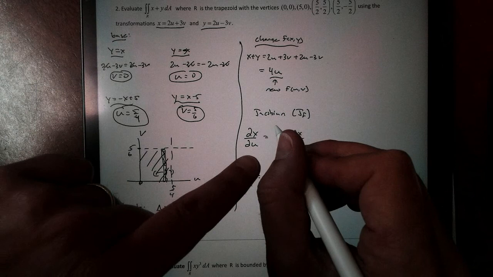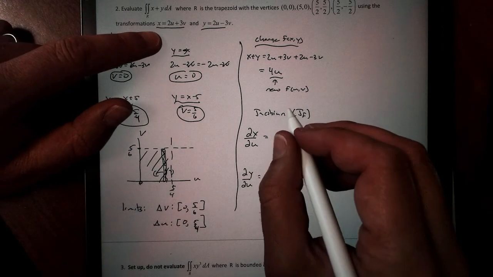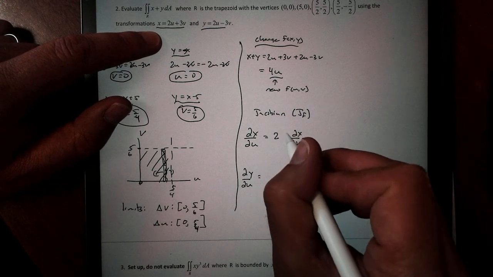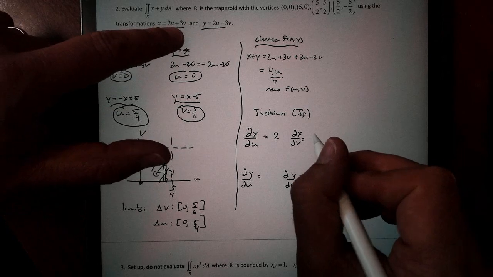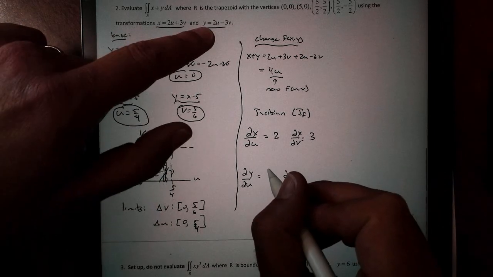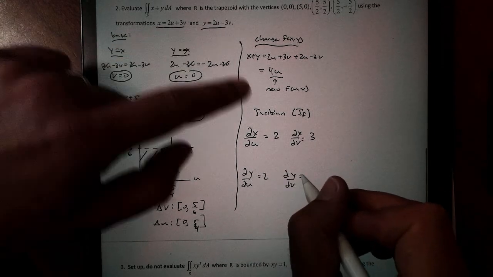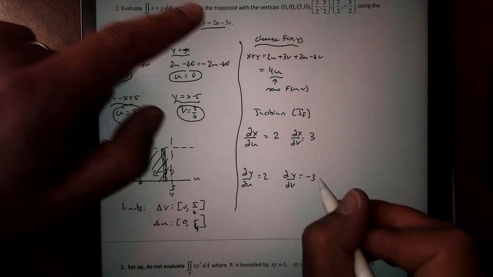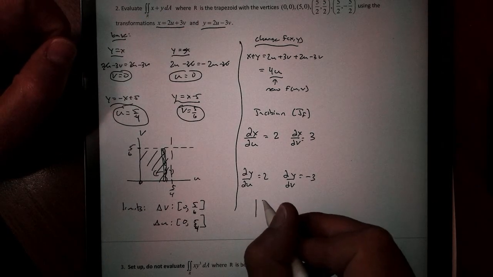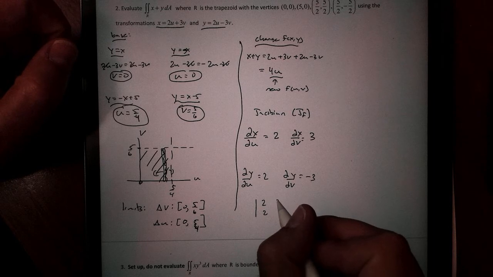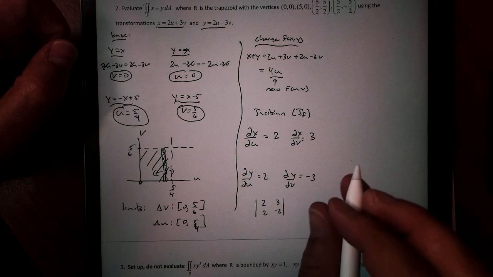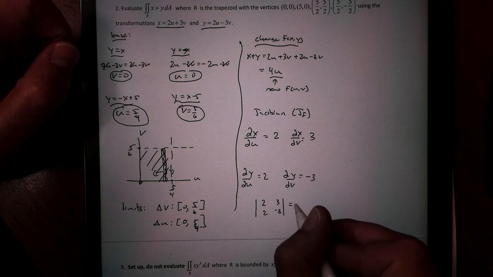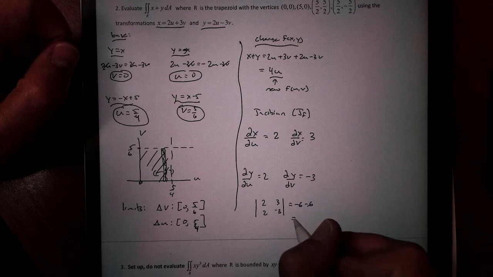The partial of x with respect to u is 2. The partial of x with respect to v is 3. The partial of y with respect to u is 2. And the partial of y with respect to v is negative 3. I'm not going to cheat on my determinant this time. That gives us negative 6 minus 6, or negative 12.